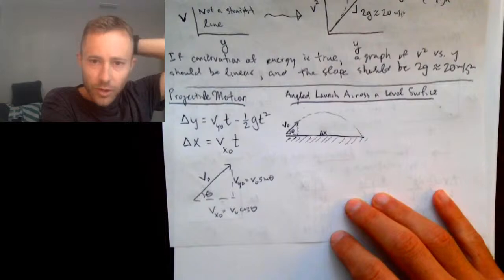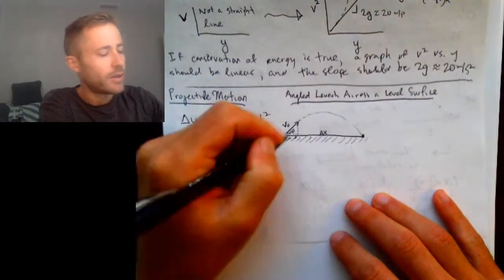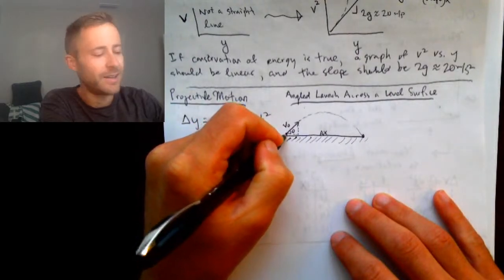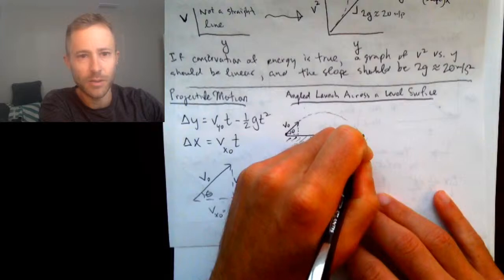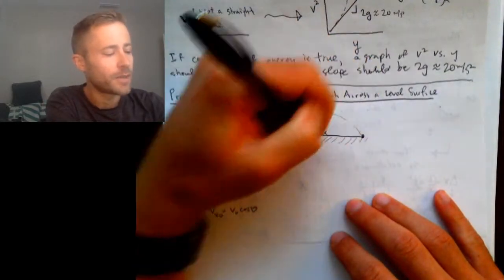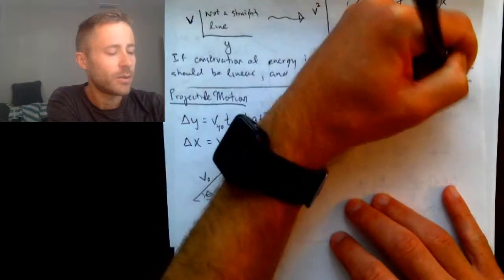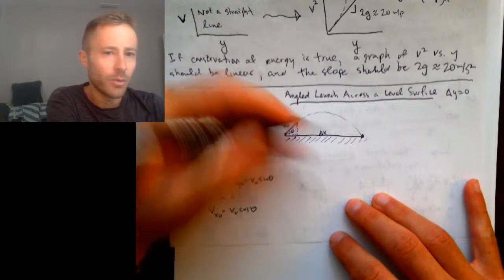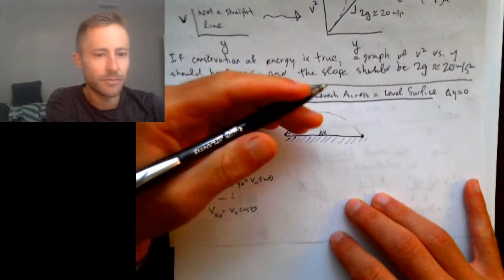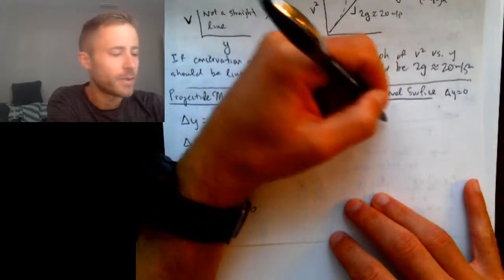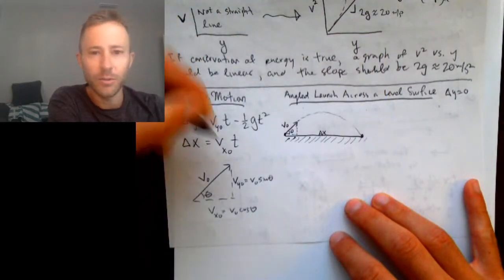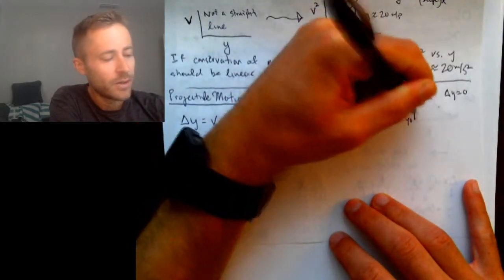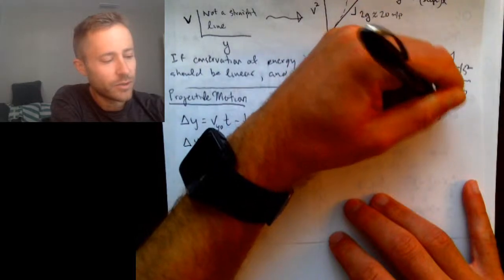All right, so the important point about this is that the projectile starts at a certain elevation and it ends at the same elevation. So you have delta y equals 0 in this problem. When we plug that into your kinematics equation, instead of delta y equals that, you get 0 equals vy naught t minus 1/2 g t squared.